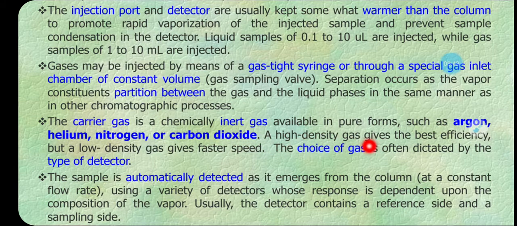A denser gas gives the best separation efficiency, but a low density gas gives a faster speed of analysis. The choice of the mobile phase is often dictated by the type of detector used in the GC.